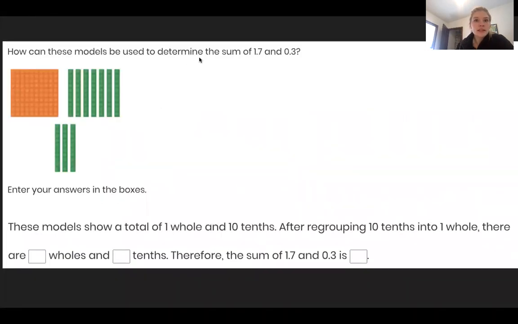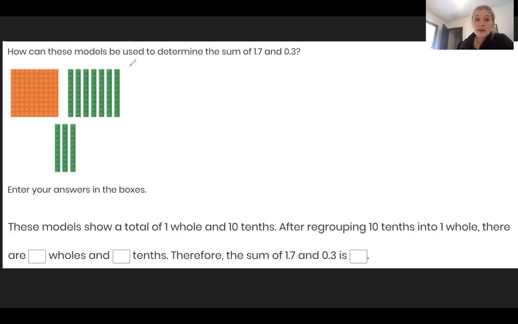Okay, let's find another example here. We have, how can these models be used to determine the sum of 1 and 7/10 and 3/10? I'm going to read that one more time, and then I want you to pause this video and see if you can figure our answer out, or if you can come up with a solution.